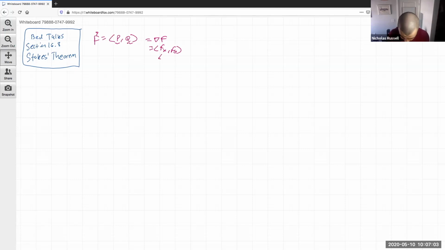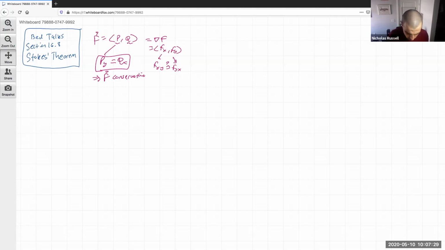So we want to see if f_xy is equal to f_yx. Is this true? That means I take this derivative with respect to y and this derivative with respect to x. And this showed me that F is conservative, related to Clairaut's theorem, which says the mixed partial derivatives are the same if everything's continuous and nice.